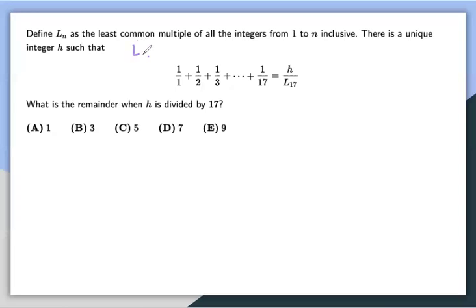So if I just start with this, we are going to have L(17) as the least common multiple of any integer between 1 all the way to 17. That is how they define L(n).